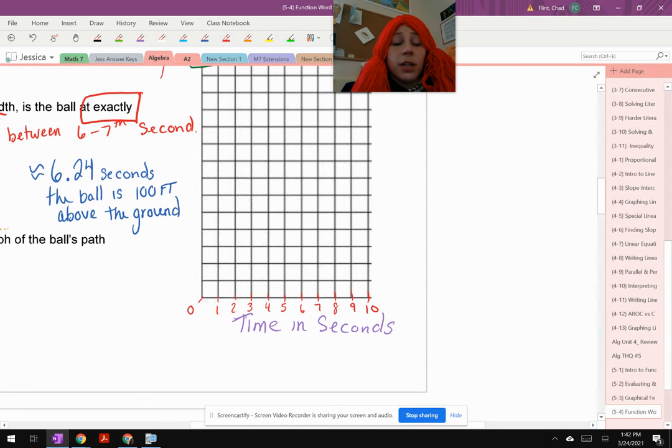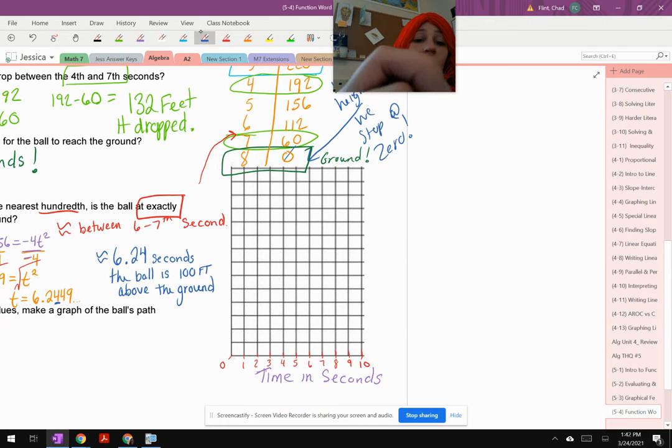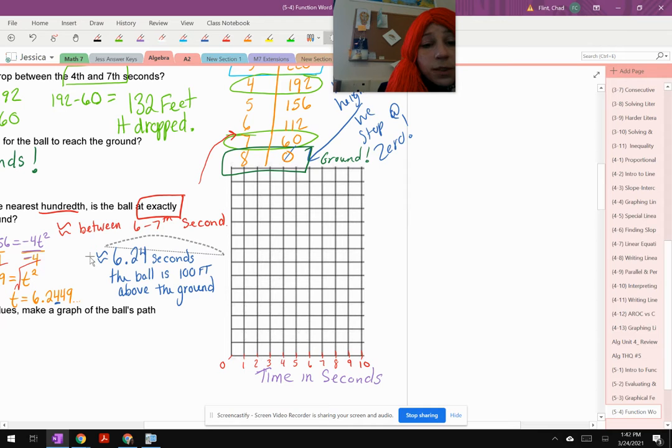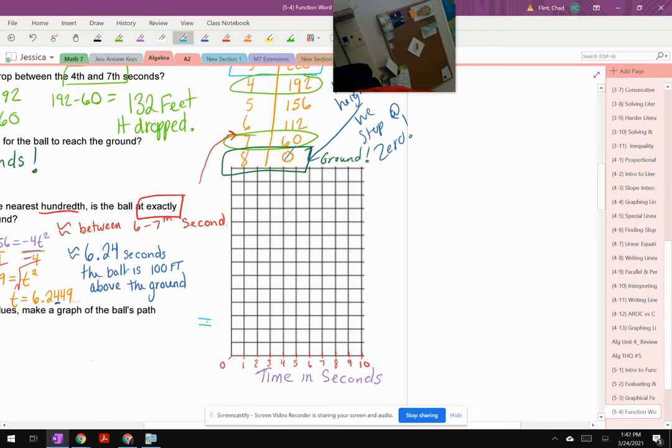Okay, so we got that situated. And now to label the y-axis. The x was our time in seconds. The y-axis, and I'm a little scrunched here, this y-axis is going to be the height above the ground. So I'm just going to rotate height and feet.